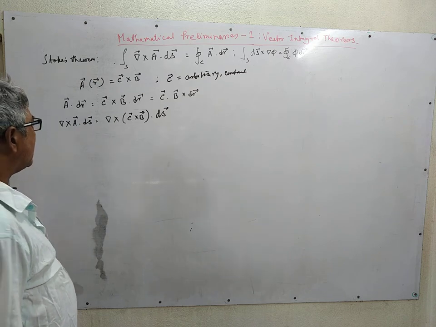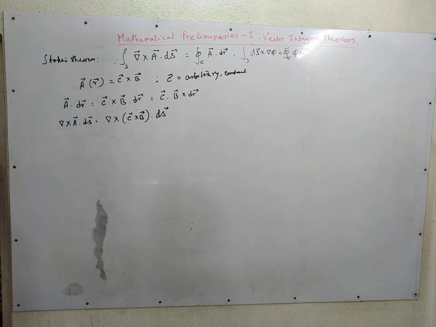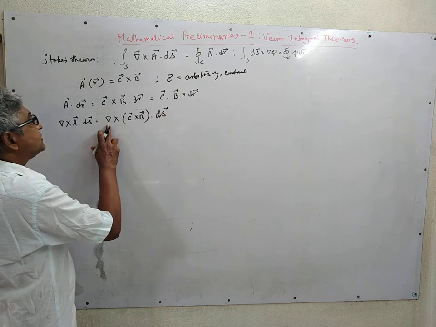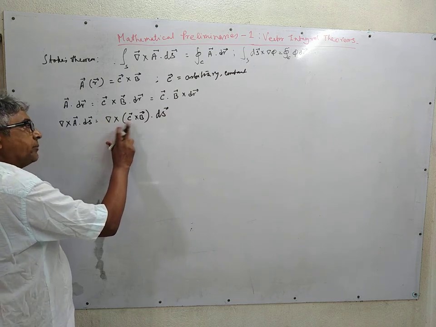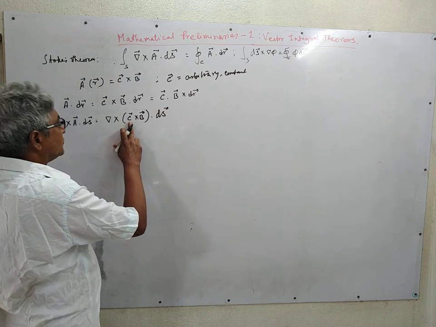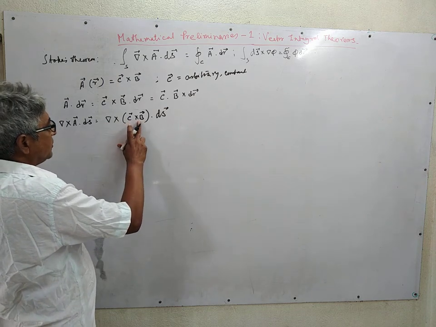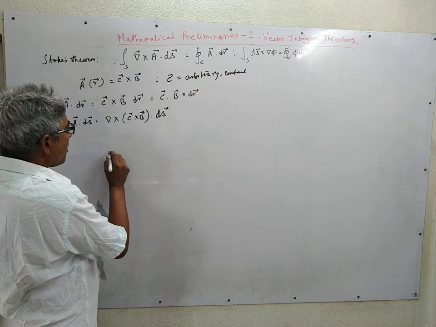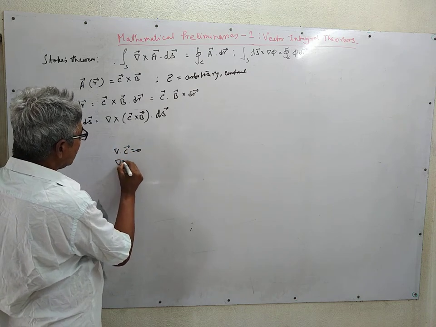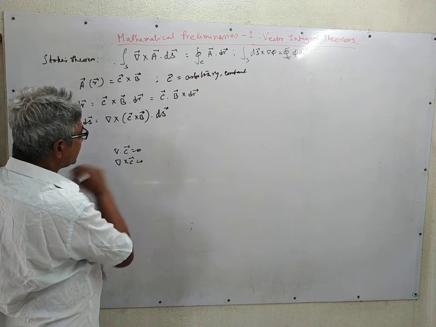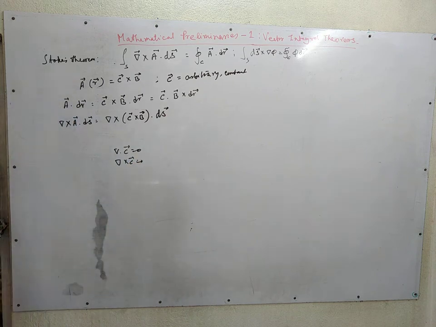But here we shall opt for some other technique: since C is a constant vector, nabla does not operate on C, but operates only on B. Nabla operating on C gives either divergence or curl of C, both of them 0, as C is a constant vector.